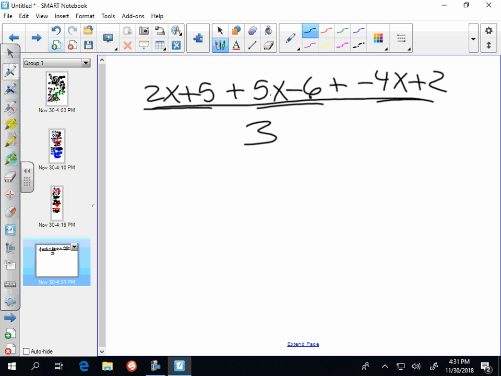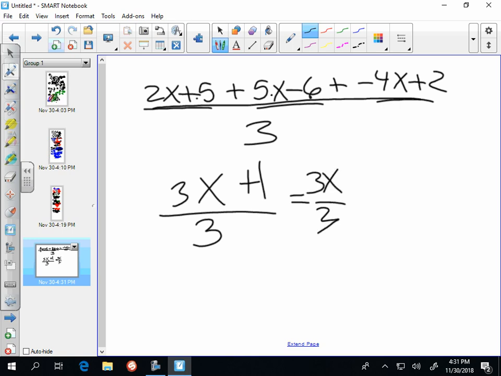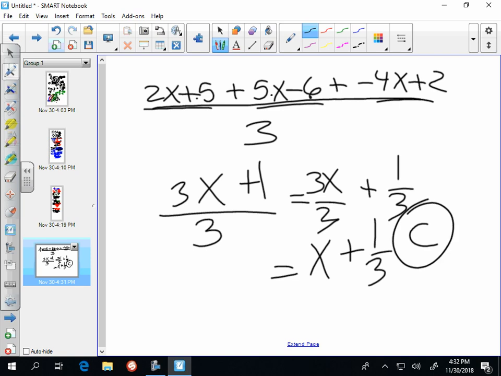So I have 7x minus 4x is 3x. 5 minus 6 is negative 1, plus 2 is positive 1, divided by 3. And if I break this into 2 fractions, my answer is x plus 1/3. X plus 1/3 corresponds with choice C. C for number 11.